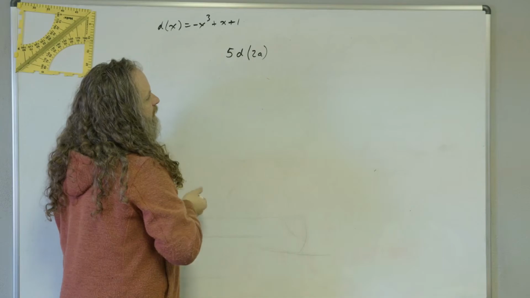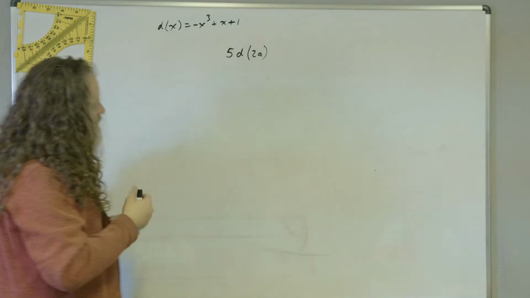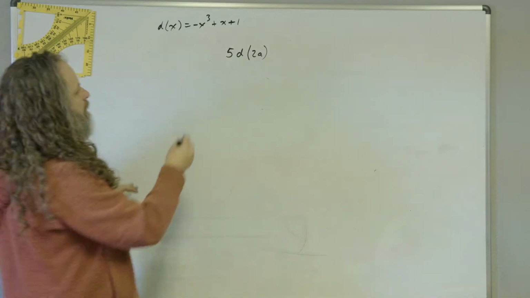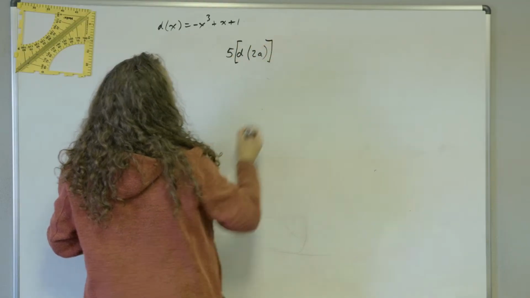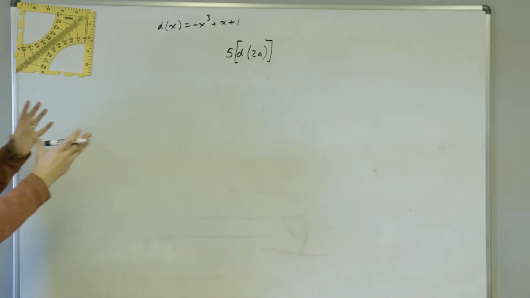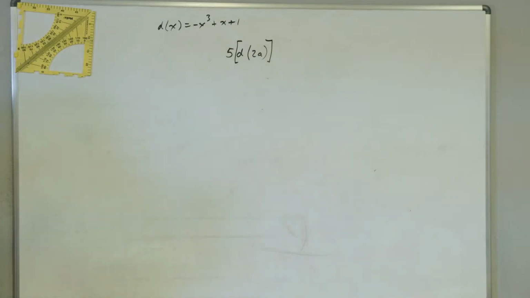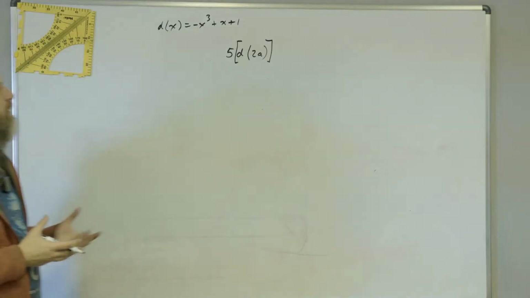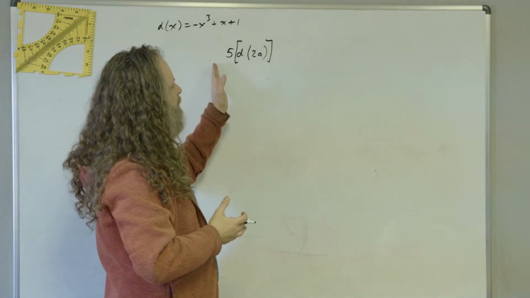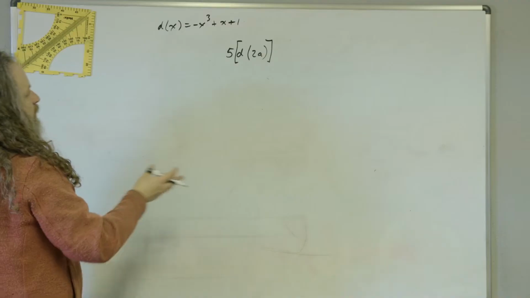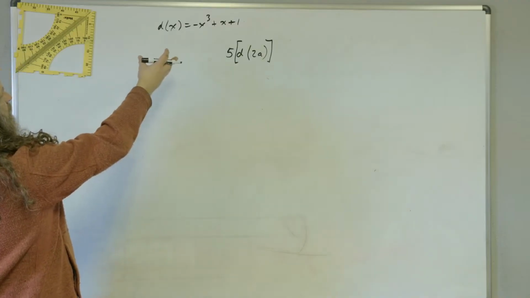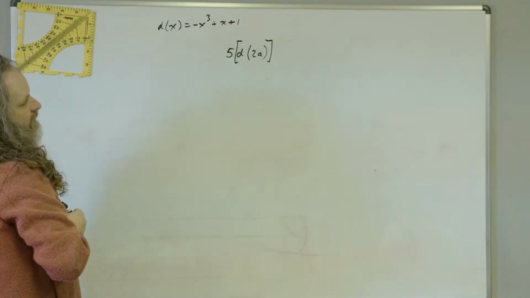If I was writing this down, I would probably use square brackets here to help me remember that that's one chunk, right? The d of 2a is a chunk, and then 5 times that is another chunk. So the 2a is what we end up substituting into x.